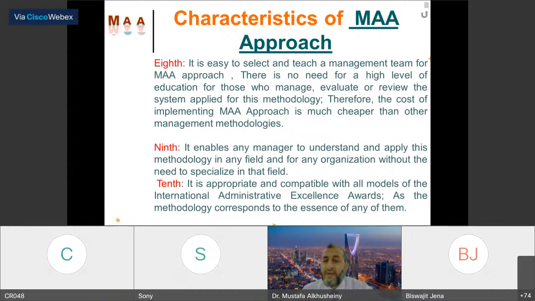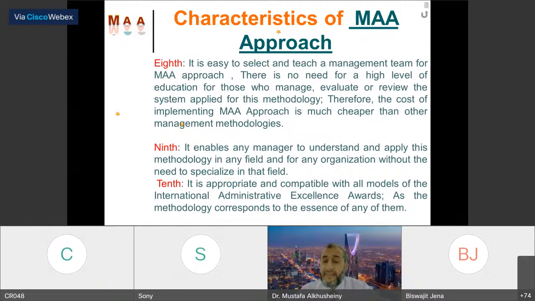Therefore, the cost of implementing my approach is much cheaper than other management methodologies. It enables any manager to understand and apply this methodology in any field and for any organization without the need to specialize in that field.